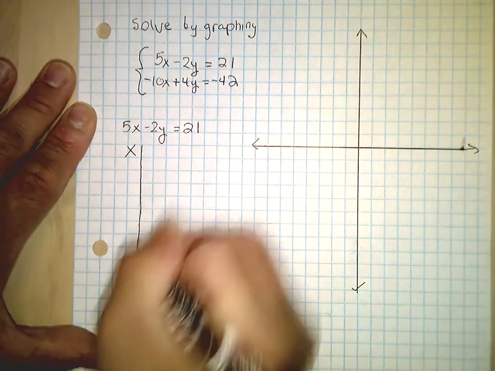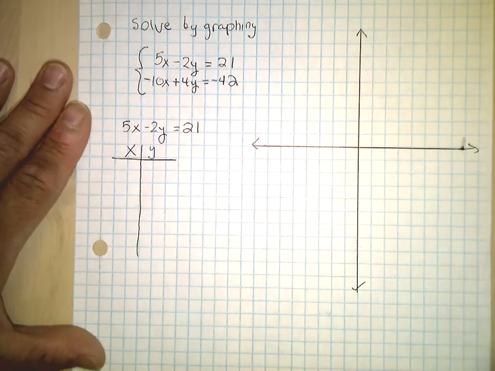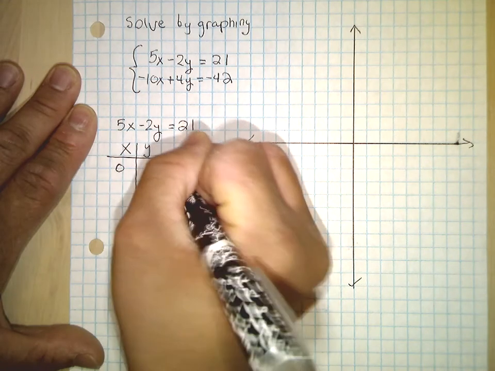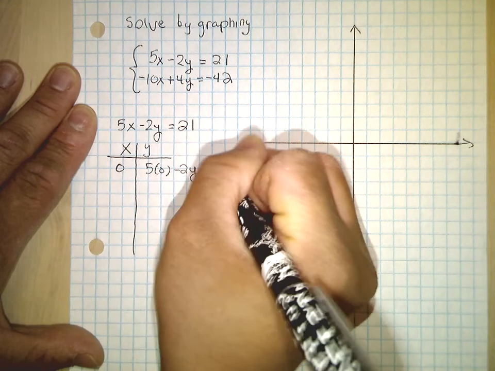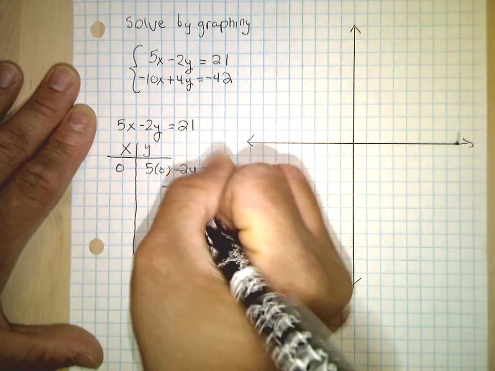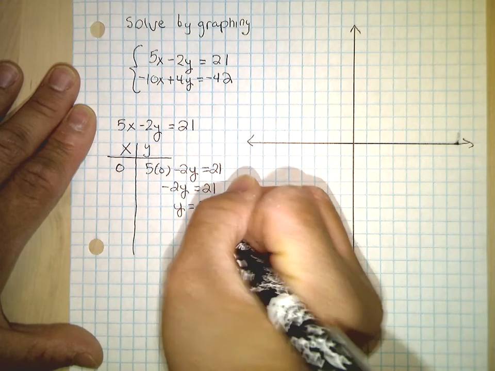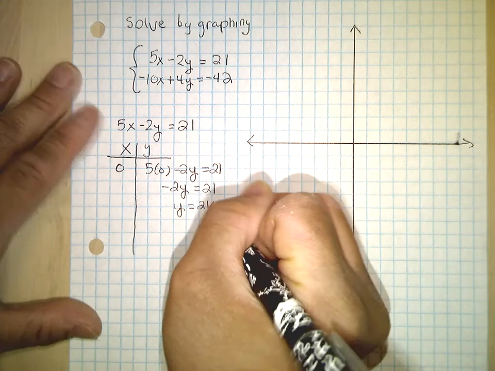Let's pick some values for x. So let's say 0 again. 5 times 0 minus 2y is 21. -2y is equal to 21. Y is 21 over -2.